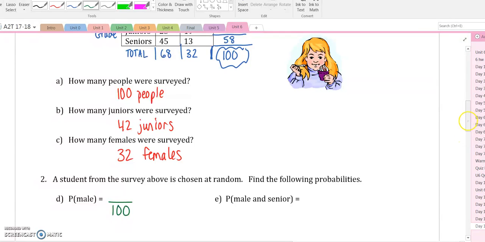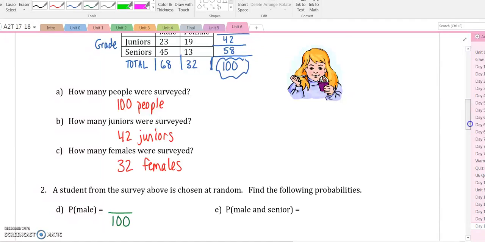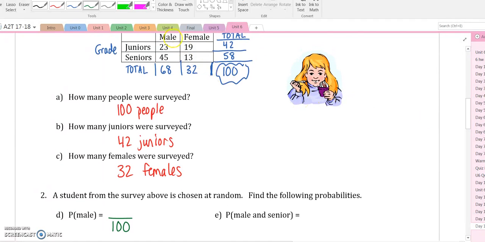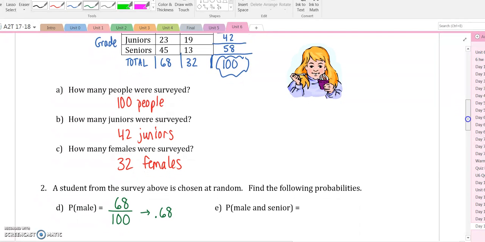And then if I want to know the probability it's male, the numerator should be the number of males that were surveyed. And here, if I look at males, 23 and 45, that would be 68. So 68 out of 100. And you could leave this, you could simplify it, you could give me the decimal and divide it by 100. Decimals are kind of easy, so whichever you want.